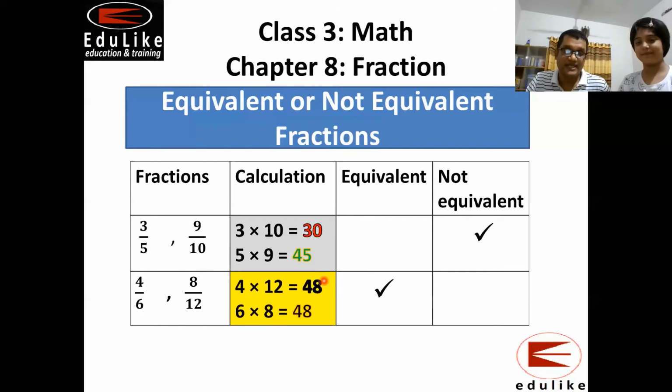This 48 and this 48 are the same. Thus we can say that 4 by 6 and 8 by 12 are equivalent.